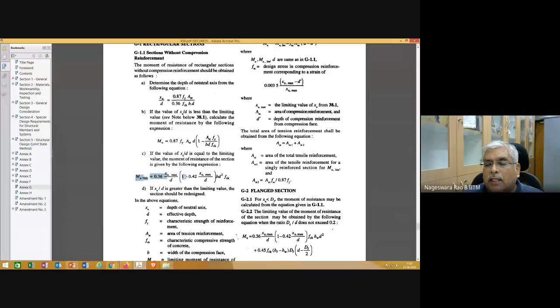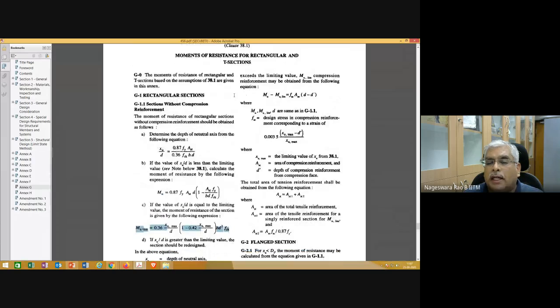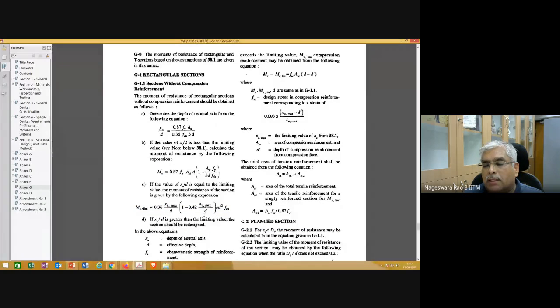But here, directly in the code book IS 456 Annex G, it is given in terms of concrete. What is the total compressive force? 0.36 Fck XU multiplied by B, and multiplied by the lever arm distance. And XU is the same as XU max.